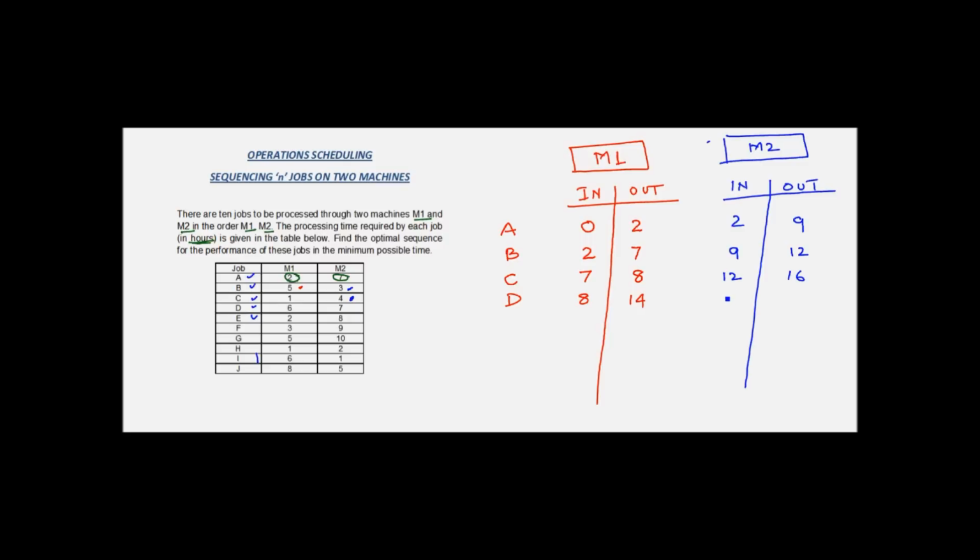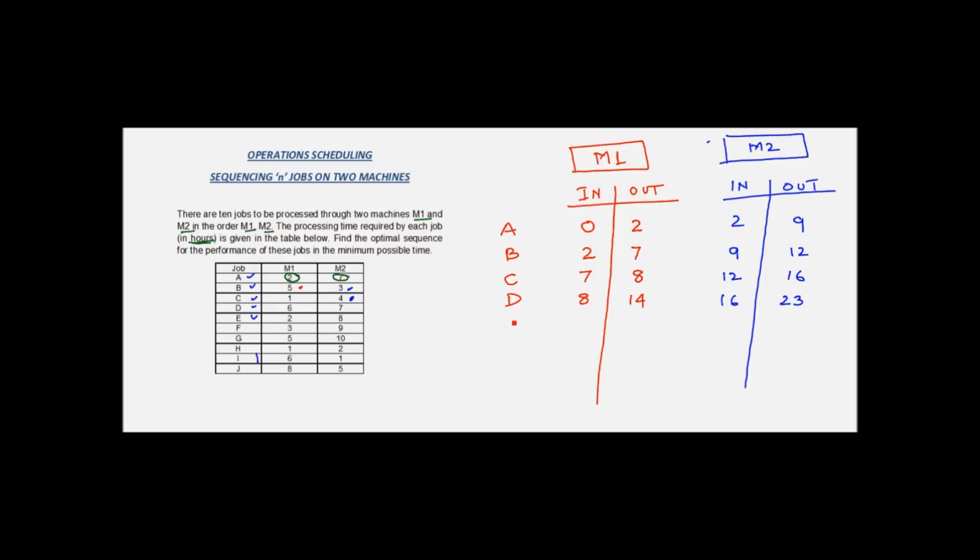So D can be processed after the 16th hour. So 16, and then D takes 7 hours to be processed on M2. So 16 plus 7, which is 23. So it will come out of M2 after 23 hours.